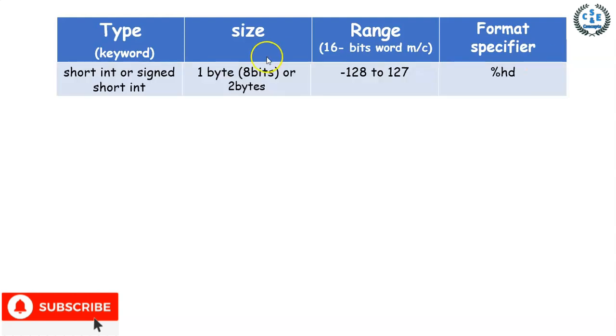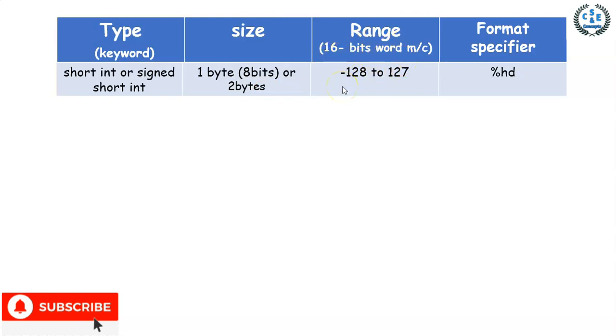Now let's see short integers, or signed short integers. Whenever we don't use qualifiers, it will assume signed data type. Short integers use 1 byte or 2 bytes of memory. Here 1 byte is used in a 16-bit word machine and 2 bytes in a 32-bit word machine. The range is according to a 16-bit word machine.